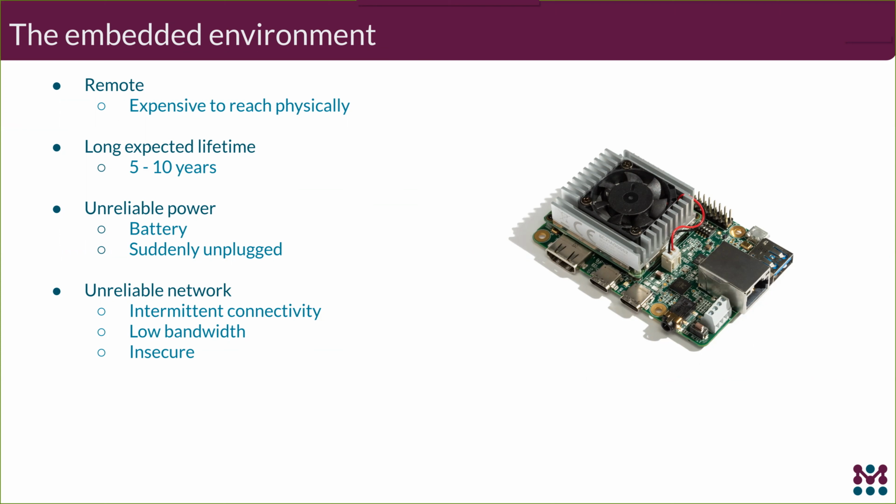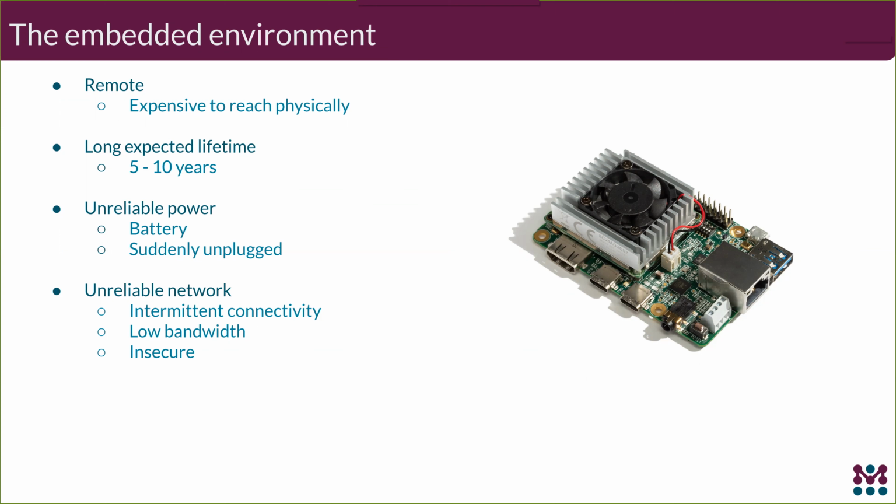So it's very expensive to reach the devices physically, and you want to be able to handle everything remotely, both failures and deployment of software. The long expected lifetime, typically 5 to 10 years, imposes some challenges, specifically around keeping software up to date, which is a requirement if security is of concern.